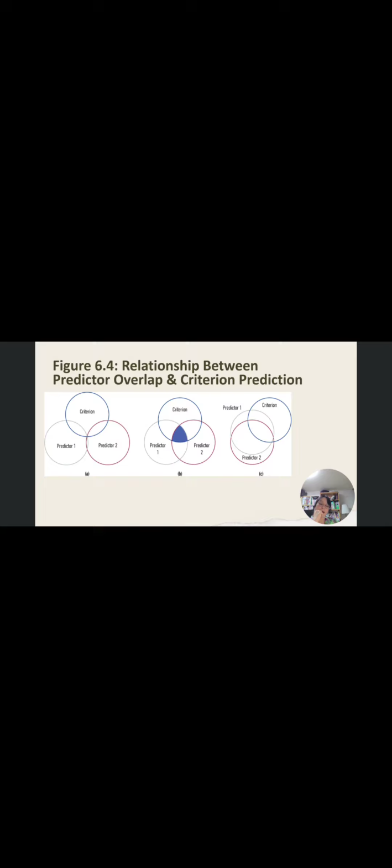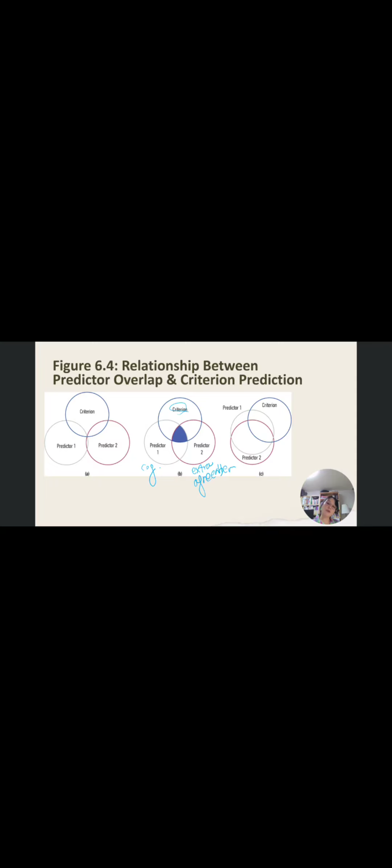If you look at this predictor, maybe this is cognitive ability, and maybe this is someone's extroversion or agreeableness. They have overlap with the job performance, a positive correlation.